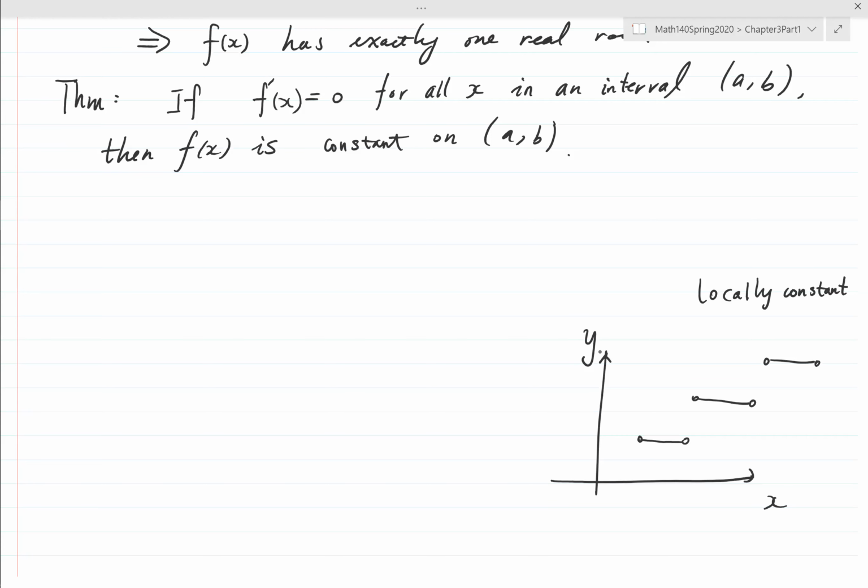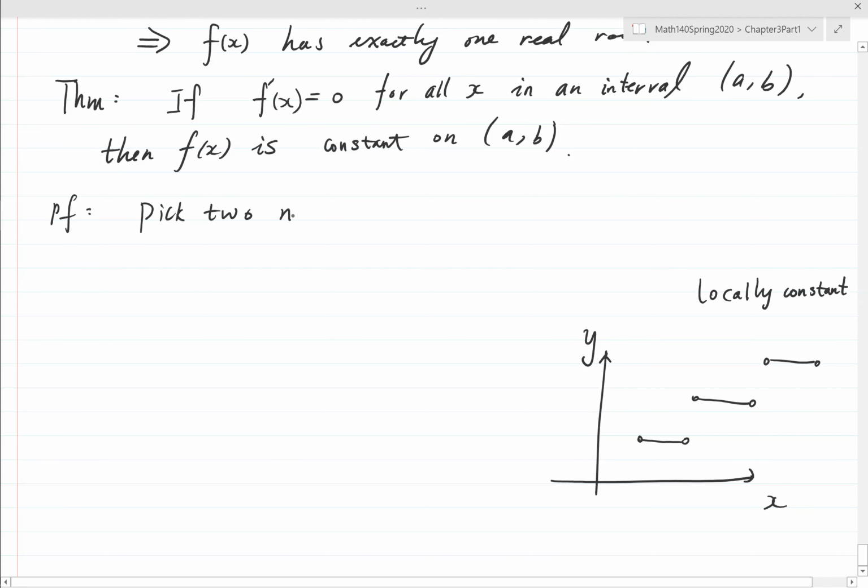So for a connected interval, the key thing is we can apply the mean value theorem. Proof. We check that the function satisfies the mean value theorem, so the mean value theorem applies. We know f derivative exists and is actually 0 for all x values. Now pick two numbers x1, x2 in a to b. This is a, this is b.